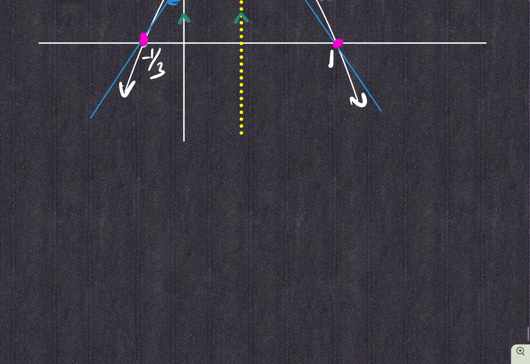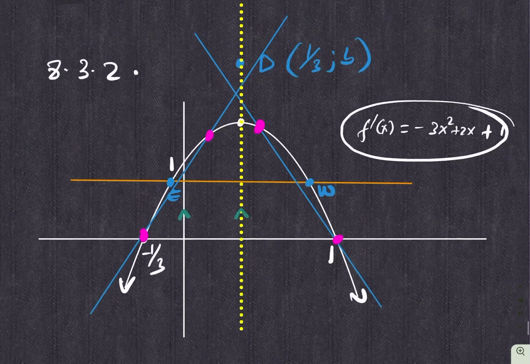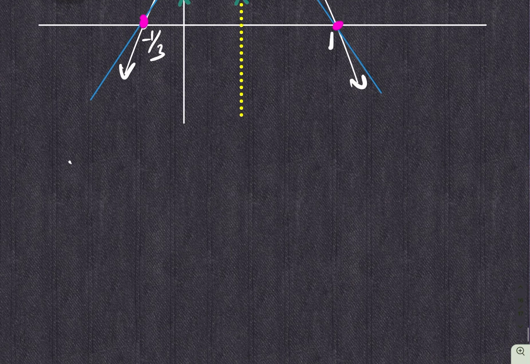I guess this should be very easy. So for 8.2.2, y equals f of 1 over 3, but this is the f prime of it, and that equals negative 3 into (1 over 3) all squared plus 2 into 1 over 3, and then plus 1.